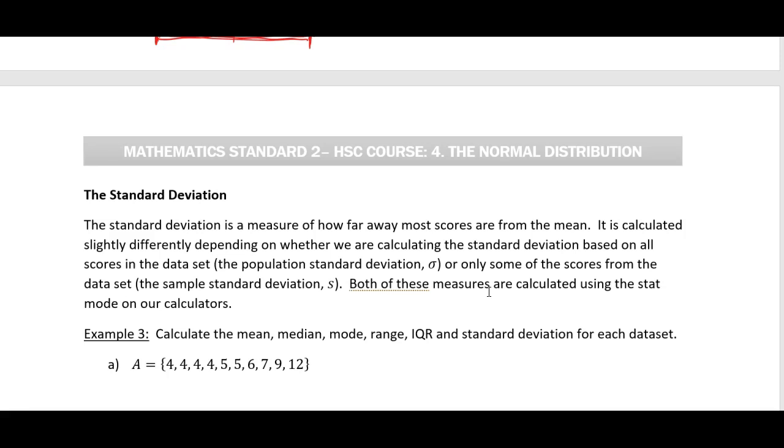And this idea of a population and a sample standard deviation takes that into account, right? The population standard deviation says, well, this is all of the scores in the data set. They're all being used here, so there is nothing lurking in the shadows that's bigger or smaller. Whereas the sample standard deviation says this is only some of them, so there is a chance that there are some really big and really small scores that haven't been included yet, right?